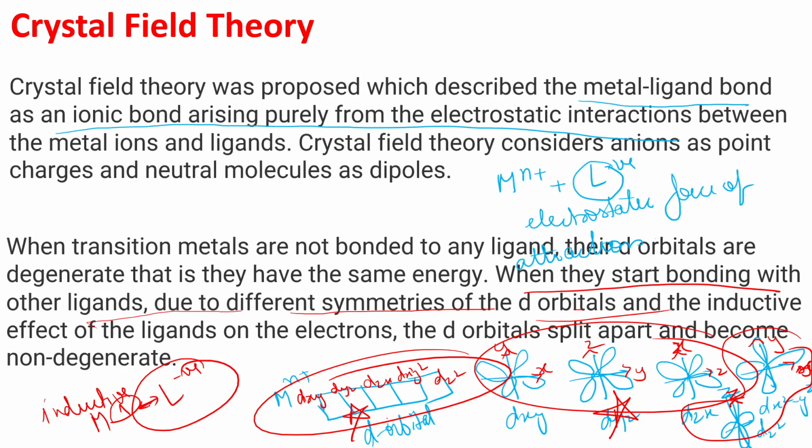Due to the inductive effect, the repulsion between the negative charge on the ligand and the electrons in the metal orbitals, the d orbitals split apart. There is a splitting of the orbitals. Dxy, dyz, and dzx are in between the axes, so they are repelled less, while dx square minus y square and dz square are present on the axis, so they are repelled more. Their energy is increased.